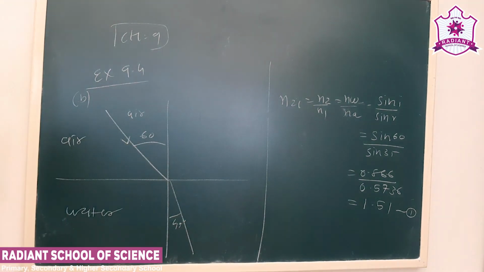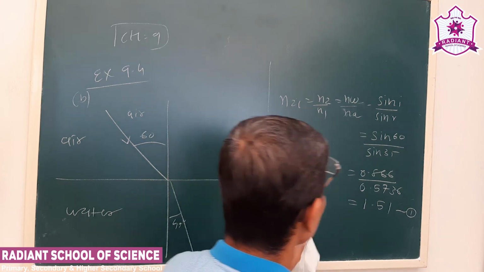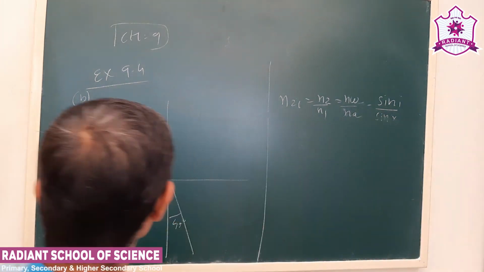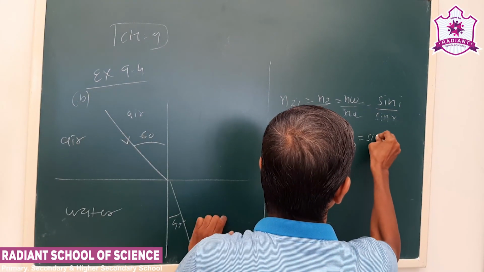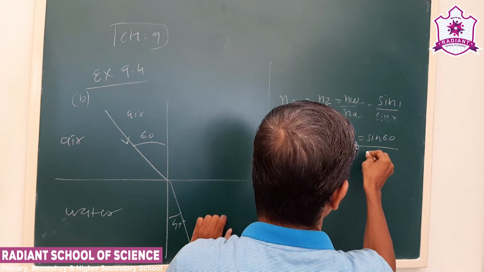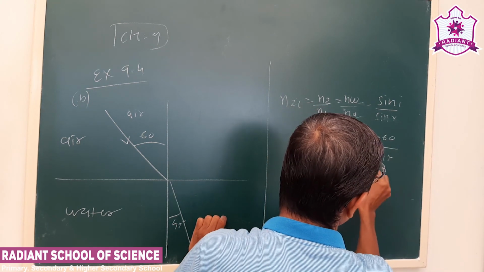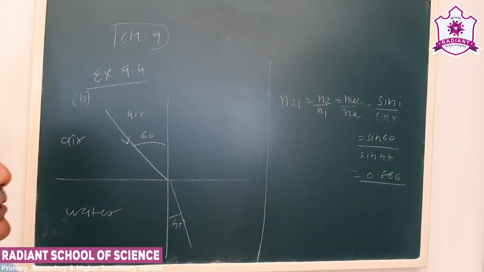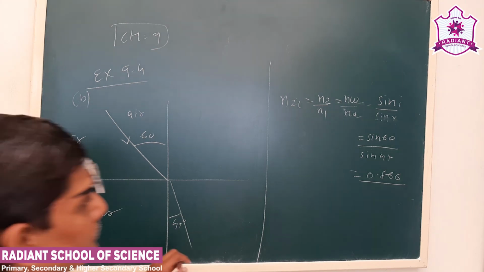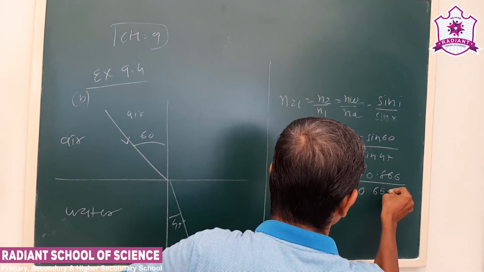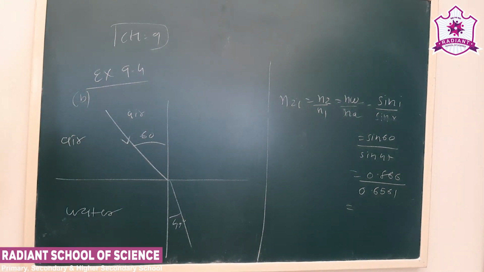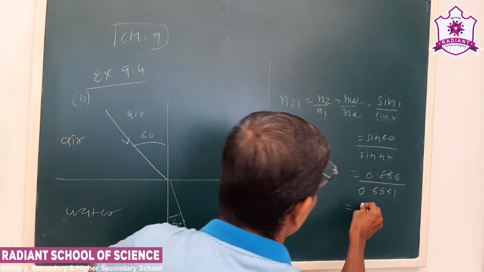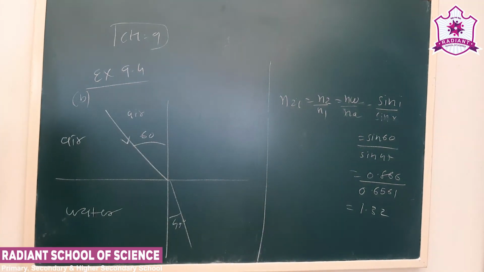Okay, now that is the refractive index of medium 2 with respect to medium 1, so that will be sin I upon sin R. Now I is 60, R is given as 47, sin 60 we have value 0.866. Now sin 47 we obtain as 0.6561. Okay, if we solve, we'll get the refractive index as 1.3. Okay, this is the second case.